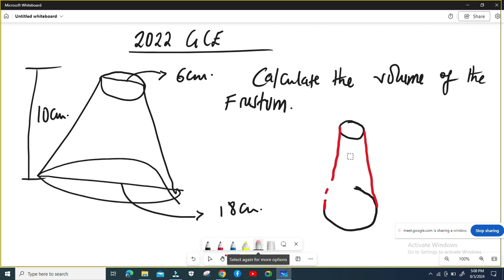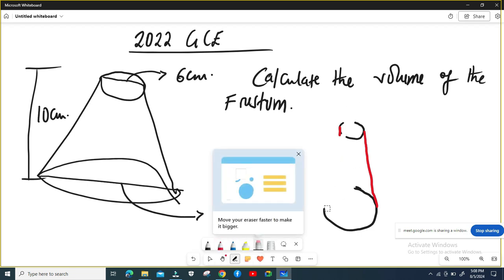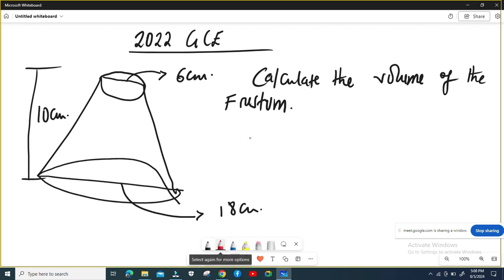So let me erase this. I shared with you the formula. That formula is direct. The only thing you are supposed to do is know the formula.